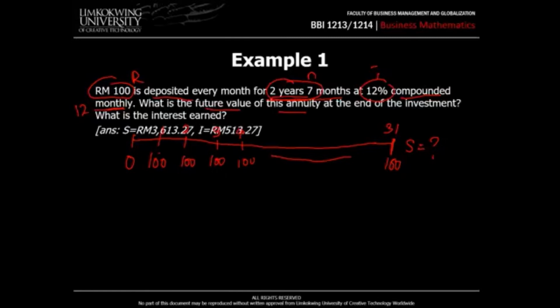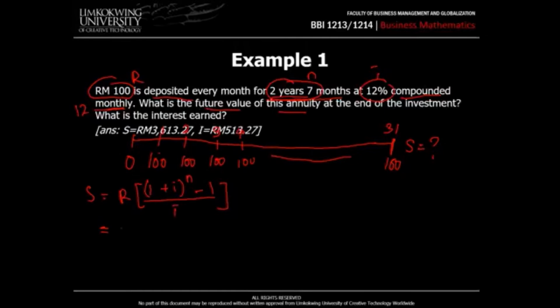Based on the formula given, S equals R times (1 plus I) to the index N, minus 1, divided by I. Just replace all the values into the formula.